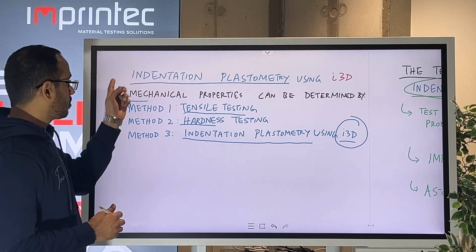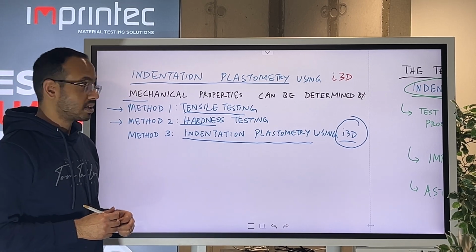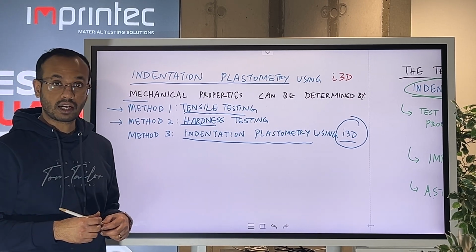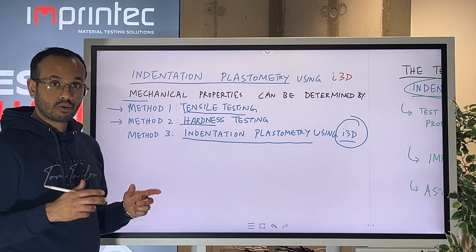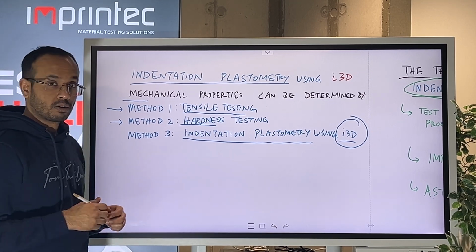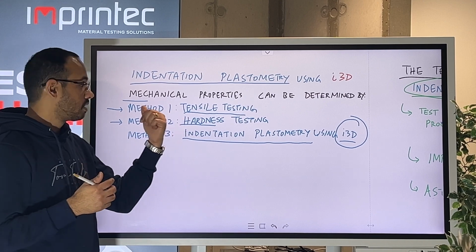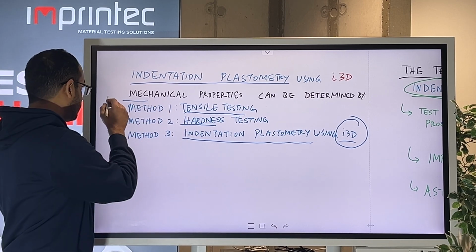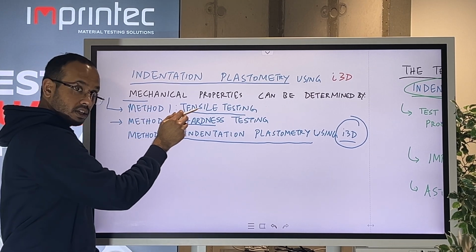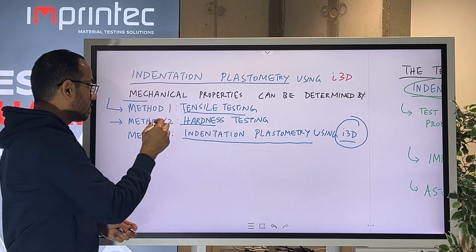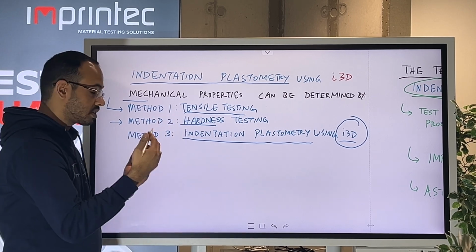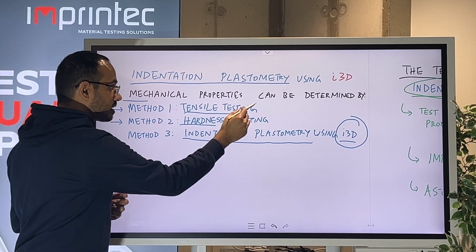Today we are going to talk about a very interesting topic known as indentation plastometry using i3D. In the last two videos we spoke about how material properties can be determined. We talked about the first method, the industry standard way of doing mechanical testing, which is called tensile testing.